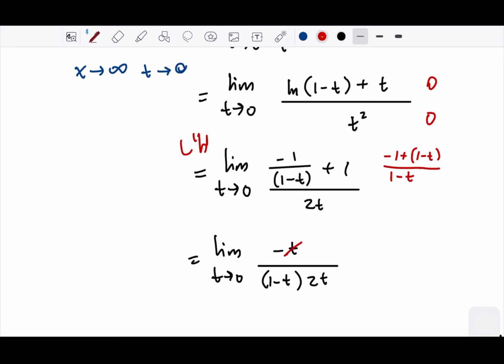So cancel, and we get the result is negative 1 over 2.